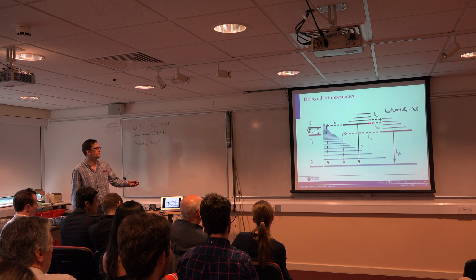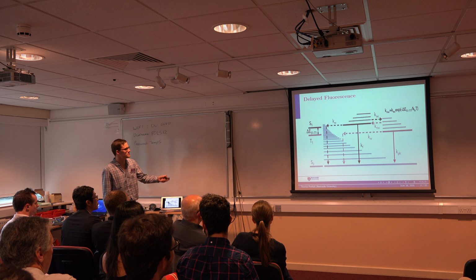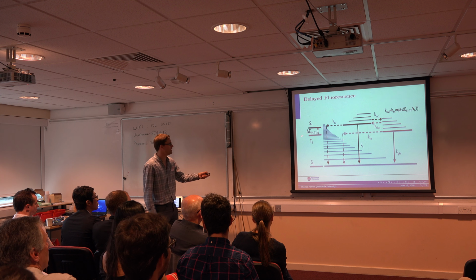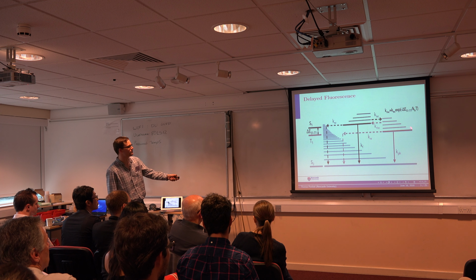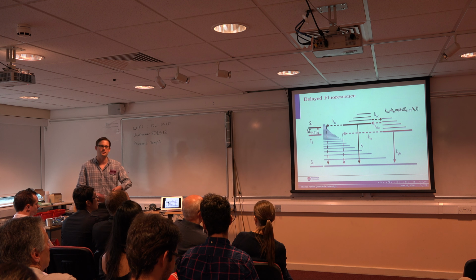But as we've seen before, we have a singlet. The general picture is a singlet state and a triplet state that are close enough in energy that thermal activation can drive reverse intersystem crossing back into the singlet state, and it can emit as delayed fluorescence from the S1 state.